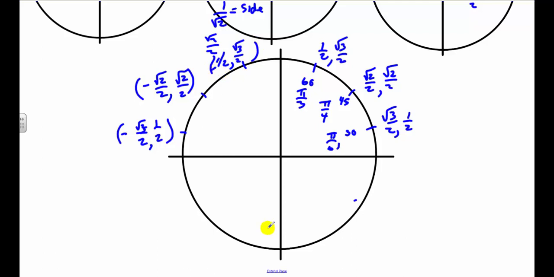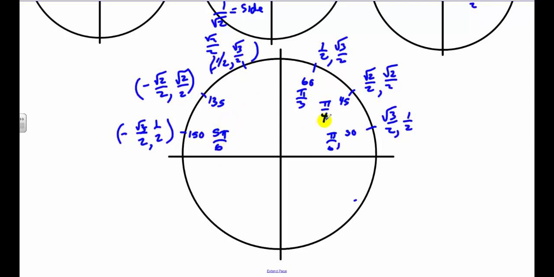And also, we will be the same relative angle measure away from the horizontal axis. So in this case, I'm 30 degrees away from 180. That puts me at 150. And I'm pi over 6 away from pi, which is 5 pi over 6. 45 degrees away from 180, which is 135.